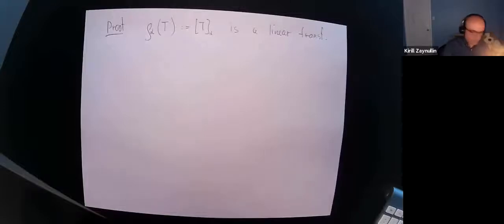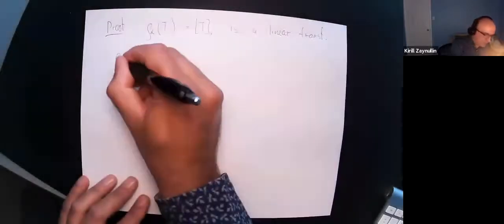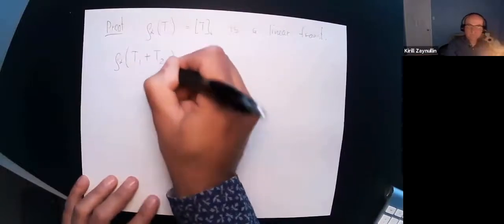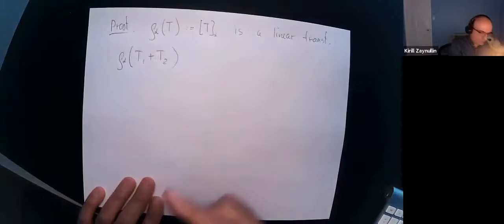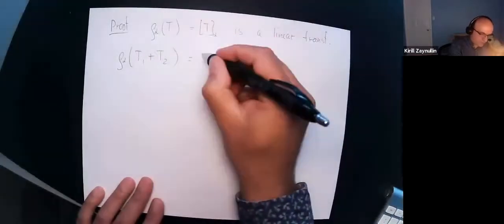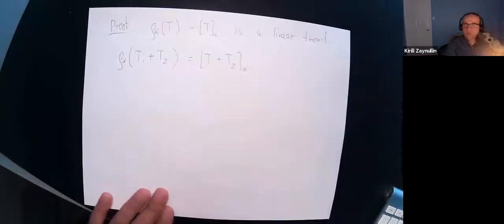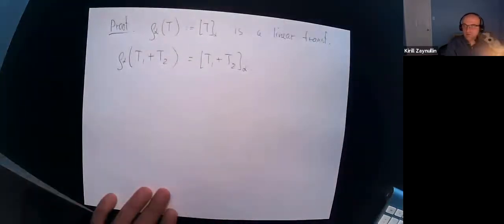What will happen if we apply this to the sum of two linear transformations? By the very definition, this is the transformation matrix of T1 plus T2 with respect to alpha.